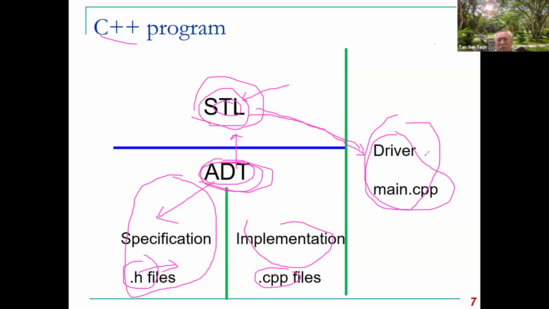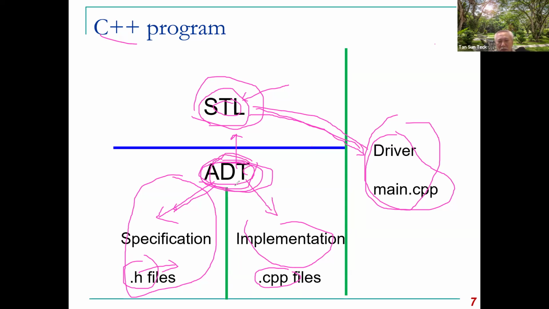But subsequently, if you realize you actually wanted to do something and you realize that STL provides you with this functionality, then you will create an instance of this STL class and use the method in your program to run it. And if you realize that what you want to do is not provided by STL, then you can create your own ADT, by specifying it and then subsequently implementing it.